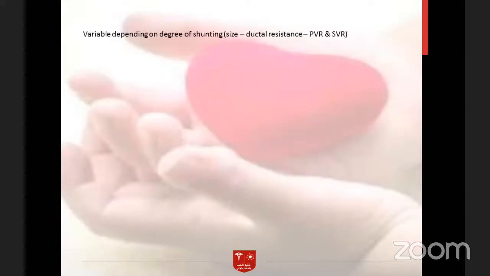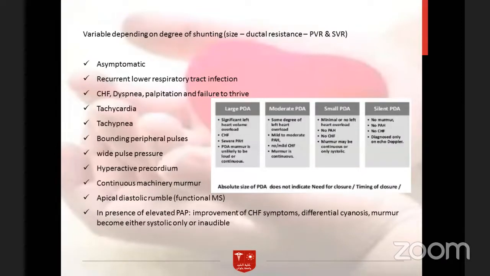Regarding the symptoms of PDA, we have to keep in mind that the symptoms are variable depending on the degree of shunting. So we might have a wide spectrum of symptoms which depends on the degree of the shunt.